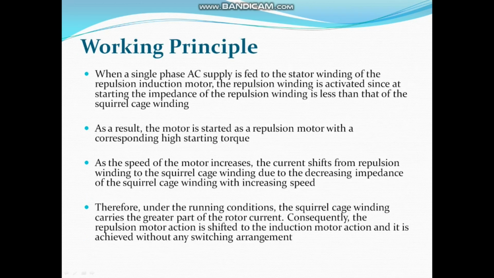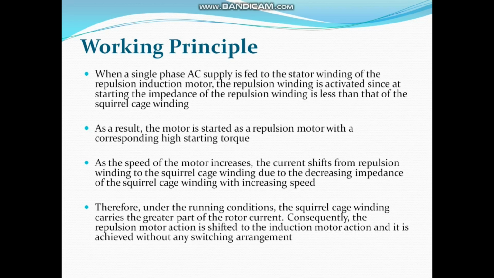It works on the principle that when a single-phase AC supply is fed to the stator winding of the repulsion induction motor, the repulsion winding is activated since at starting the impedance of the repulsion winding is less than that of the squirrel cage winding. As a result, the motor is started as a repulsion motor with a corresponding high starting torque.